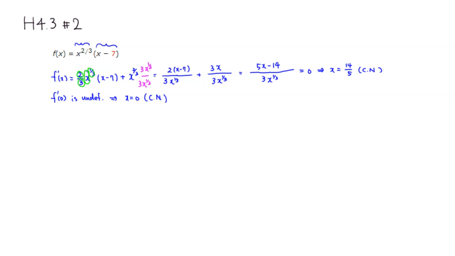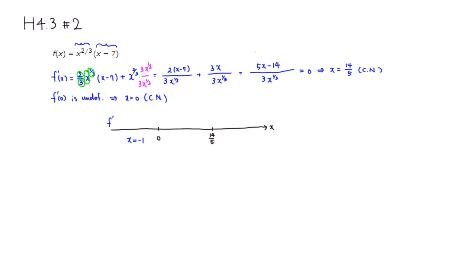Now we can do the number line here, and we need 2 tick marks, one for 0 and the other for 14/5. We're going to look at the sign of f prime. First, anything less than 0, so I'm going to try negative 1.